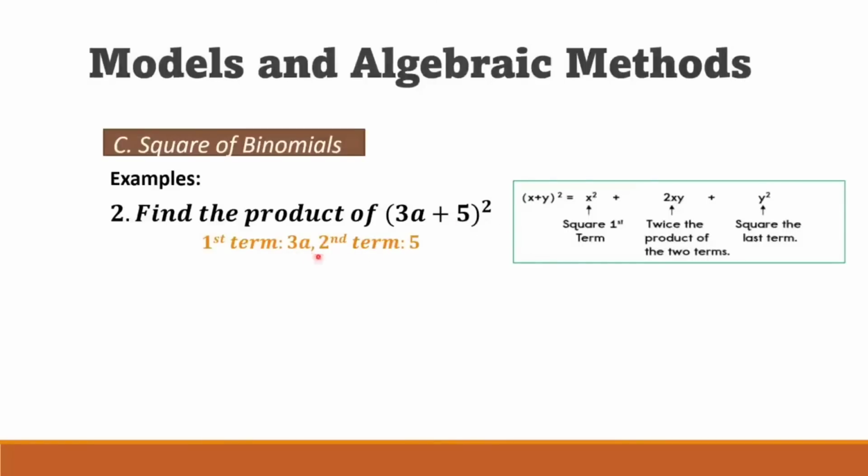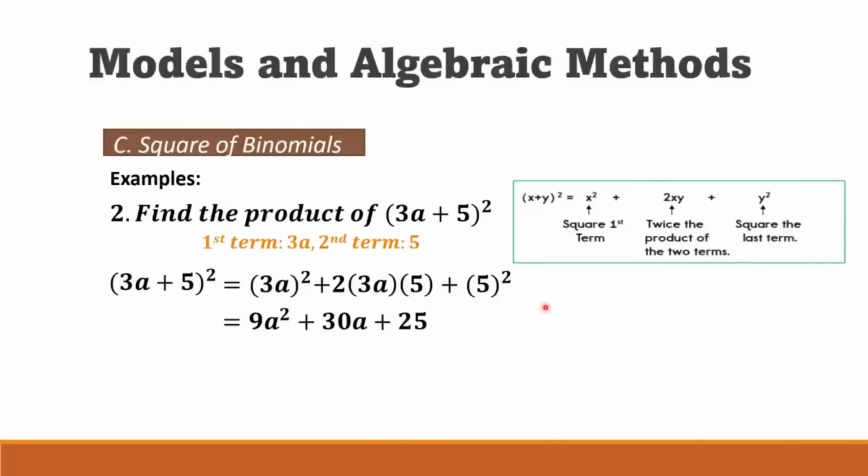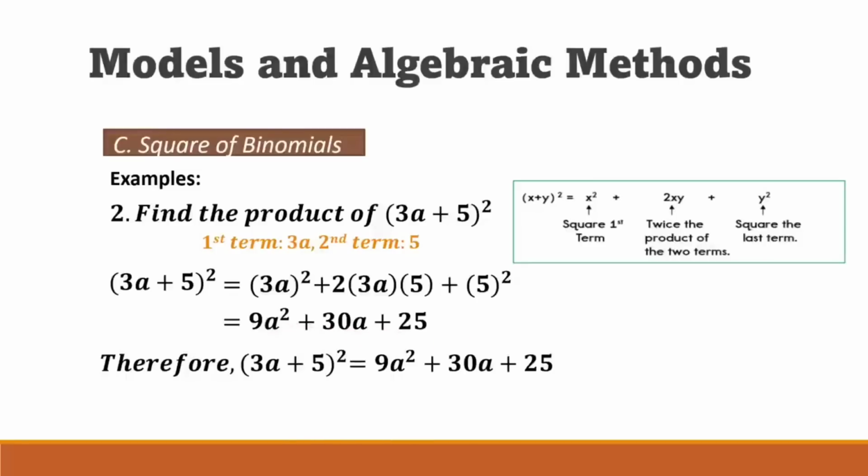The first term is 3a, the second term is 5. So we square the first term first, which is 3a, plus 2 times the product of the first and second term plus the square of the last term. So we have 9a squared plus 30a plus 25. That is the answer to example number 2.